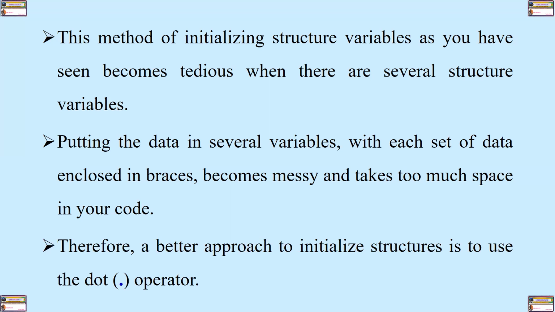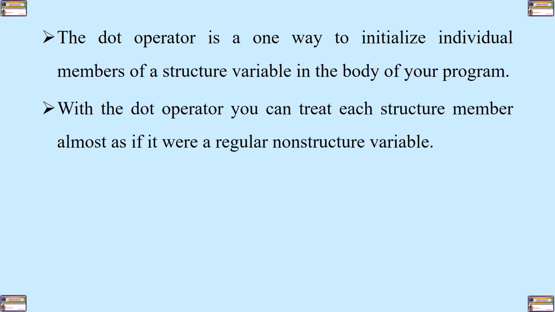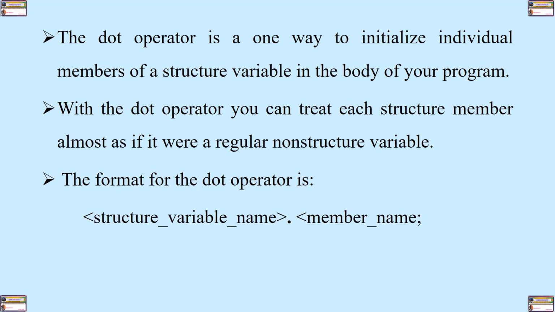Therefore, a better approach to initializing members of structures is to use the dot operator. How? The dot operator is one way to initialize individual members of a structure variable in the body of your program. With the dot operator, you can treat each structure member almost as if it were a regular non-structure variable. The format for the dot operator is as follows: the structure variable's name, dot, member name, and a semicolon.